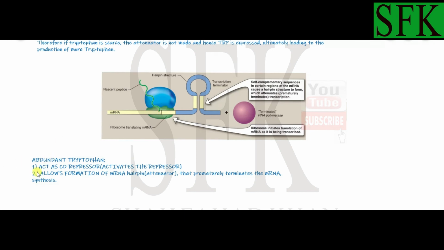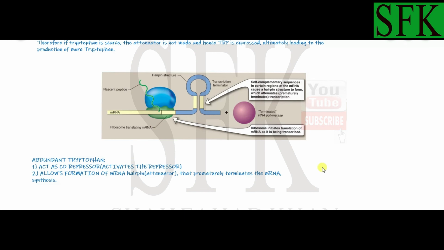So there are two ways: if we have abundant tryptophan, it will act as a co-repressor and bind to the repressor, activating it, and then this repressor will bind to the operator region. After binding to the operator site, it will block the activity of RNA polymerase. This is the first role of tryptophan.